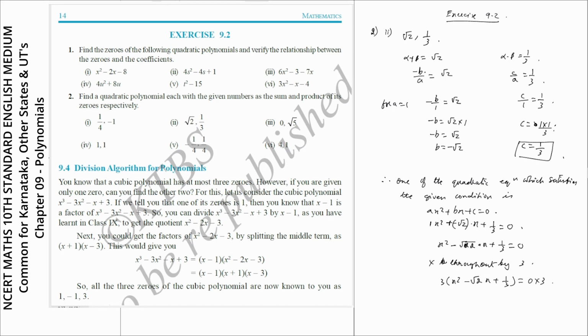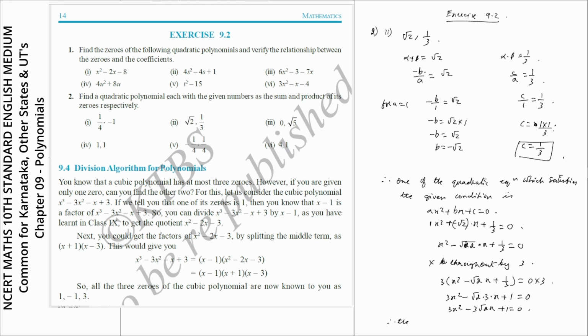So I will get 3x square minus root 2 into 3 x plus, now here 3 and 3 will get cancelled, 1 is equal to 0, or simply 3x square minus 3 root 2 x plus 1 is equal to 0.